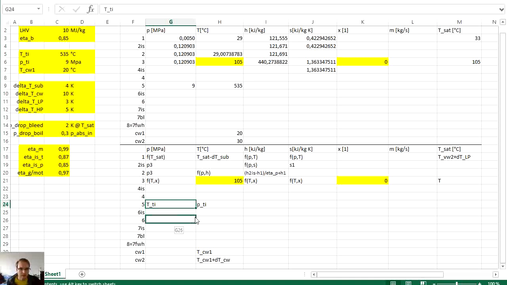Pressure should be in the pressure column, and temperature in the temperature column. So pressure at number 4 will be pressure 5 divided by 1 minus the pressure drop.